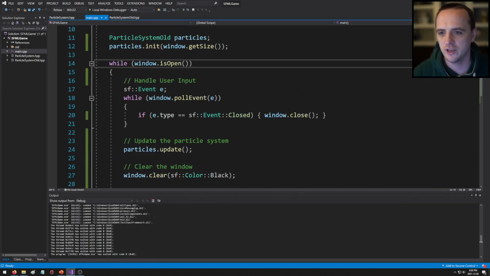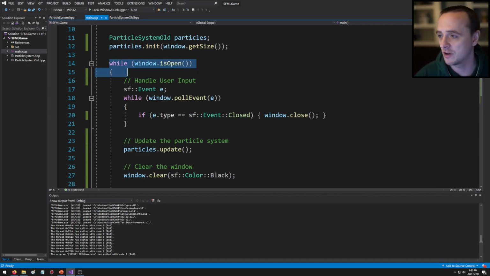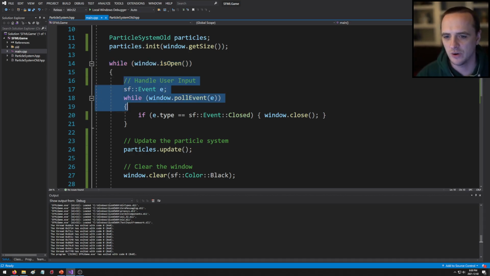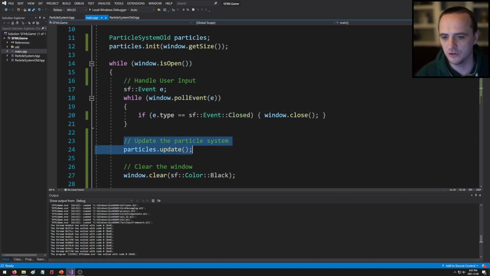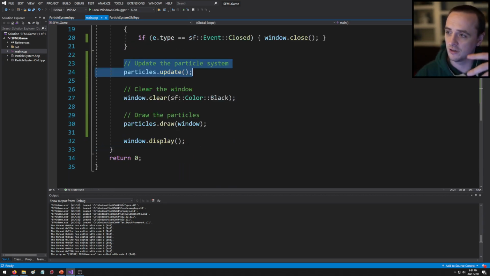Then all I do is have a main loop, which for every frame of the game does something. I have very simple user input, which just says what happens when the window is closed. Then I'm going to call the update function on the particle system to update the movement or the physics of the particles.